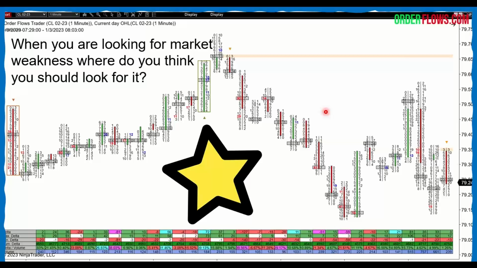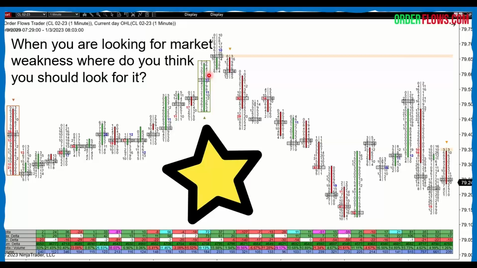It's when you put things in context, right? Where should you be looking ideally for market strength or market weakness? Well, you want to be looking for when strength is appearing at or near a low, swing low, or low of the day, or for weakness when the market makes a swing high or the high of the day, right? Because what I want to know is if this move going up, even though it's going up, which is what a lot of traders like to see, a market going up. But if you're just looking at price, you just see price making a new high, making a new high, making a new high. But by looking at things like the delta, I could see that, yeah, it's going up, but the aggressive buying is falling off.